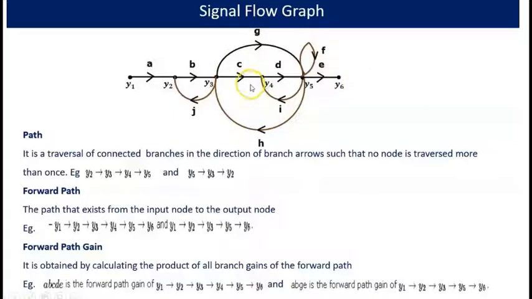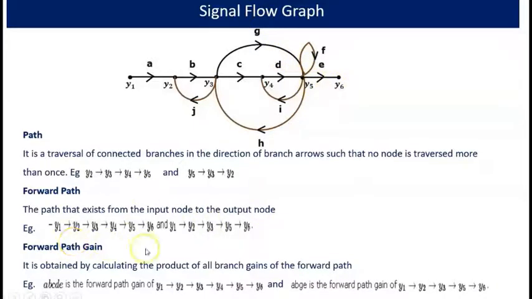And in this particular diagram, there is one more forward path, that is y1, y2, y3, then along this branch y5, y6. So one forward path is y1, y2, y3, y4, y5, y6. Another one is y1, y2, y3, y5, y6.